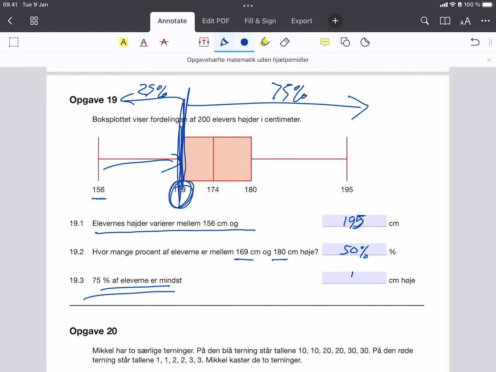So 75% of the pupils are at least 169 centimeters tall, so 169 centimeters or taller. You've got to be a bit careful there, discerning between the top 75% and the bottom 75%, and not getting that the wrong way around.